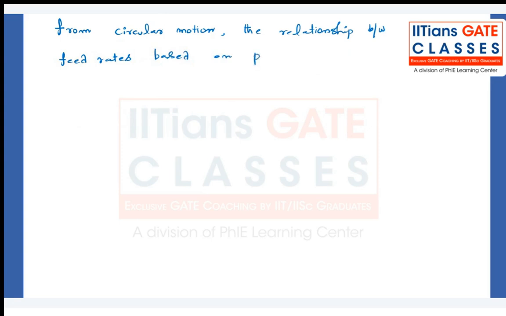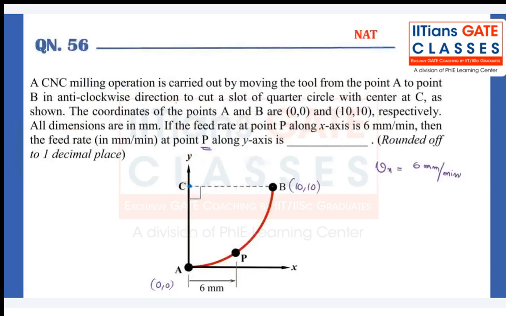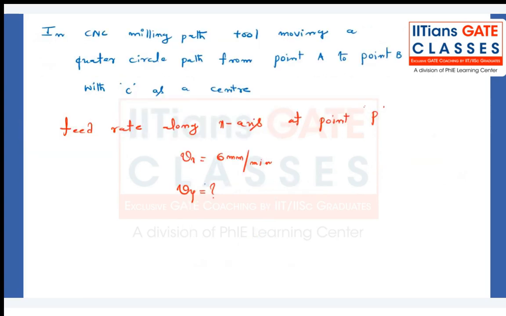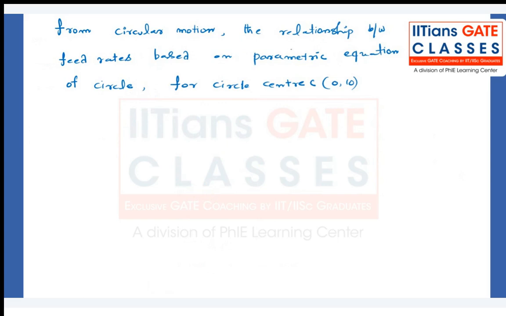So what is that? For the circle, the center C is at 0 comma 10, right guys? Here you can see it is 0 comma 10.